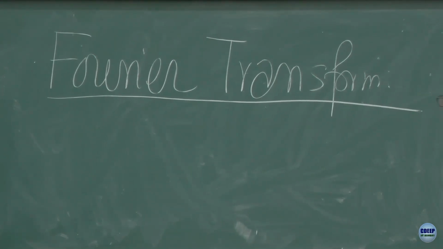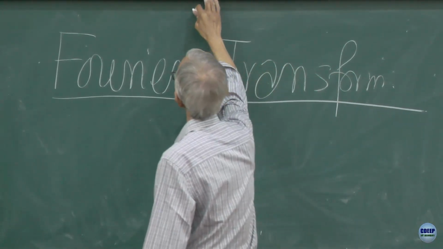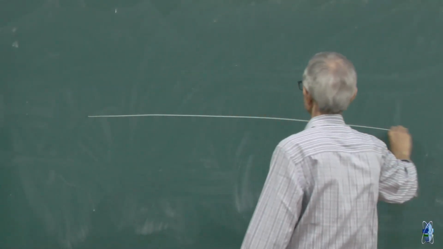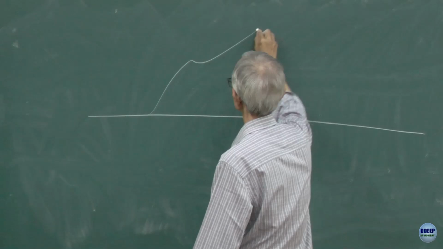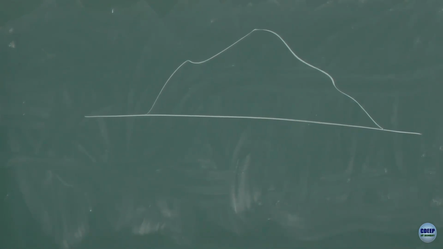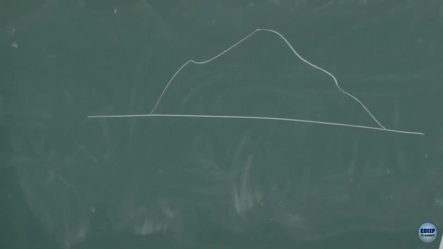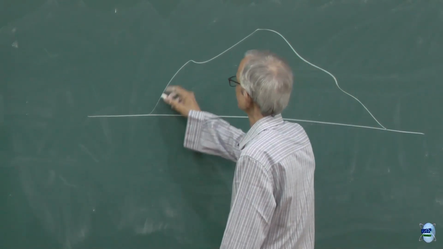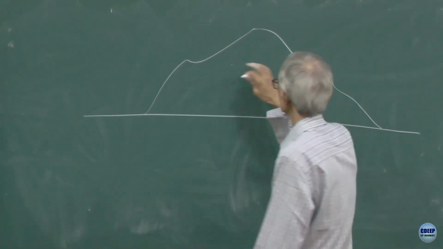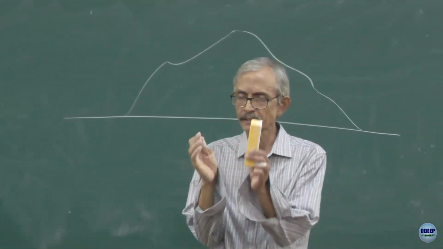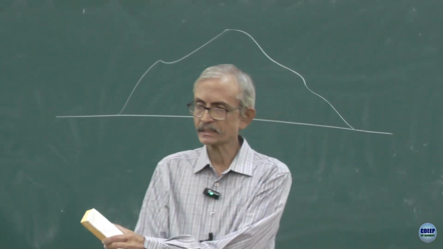The first thing that we say is, I've got a function which looks like so. Some function is there like this. And we can go ahead and represent it as a Fourier series. Now, if I'm interested in the Cn's, remember there is a Cn and there is the basis function.